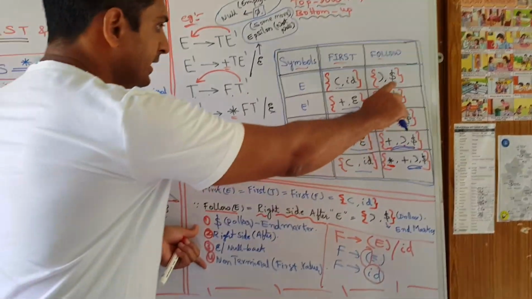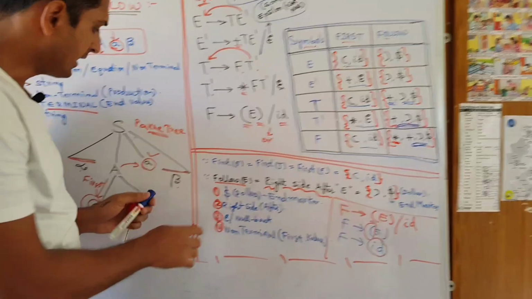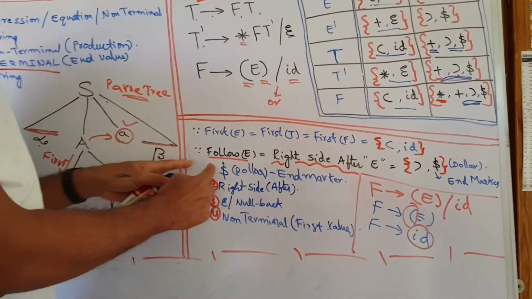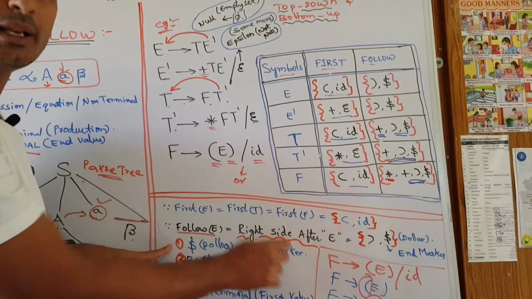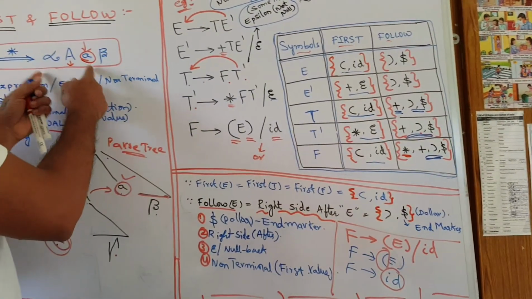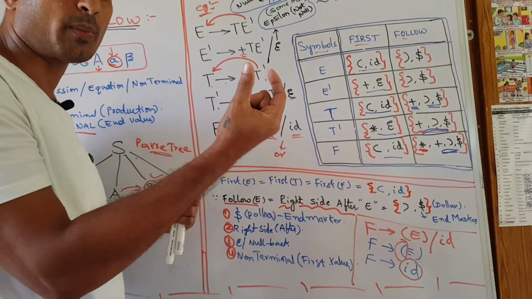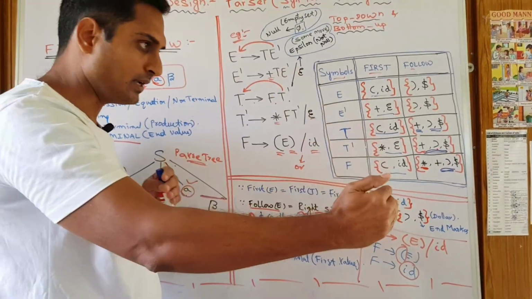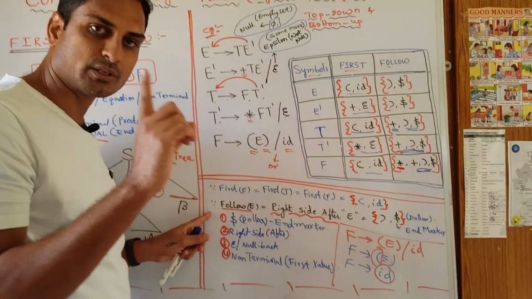For every follow, we need to write dollar. Dollar means end marker, end value. For every expression, for every equation, if you go on solving, you will get an end value. So that indicates the end value. So we need to write the end marker everywhere in follow. That is the first rule.